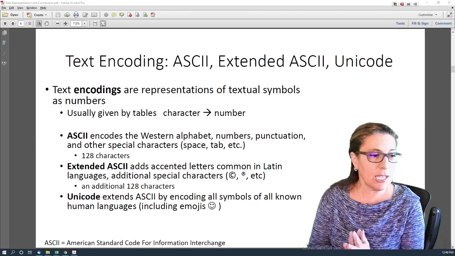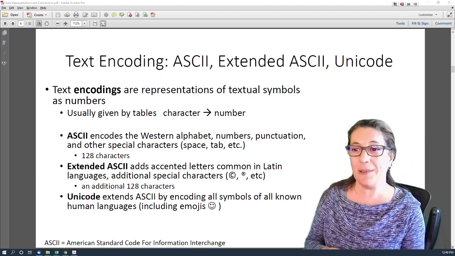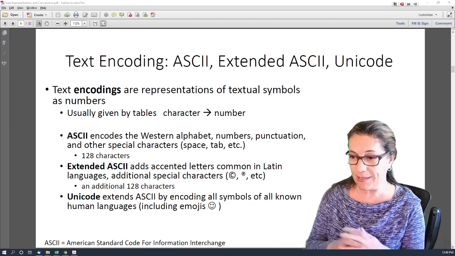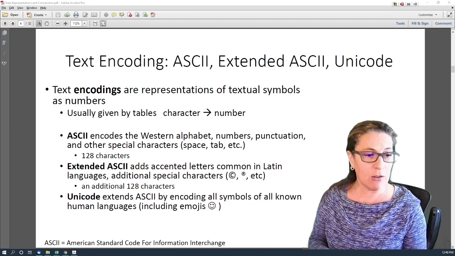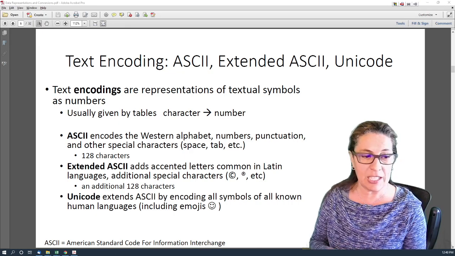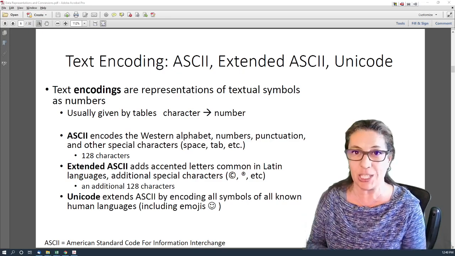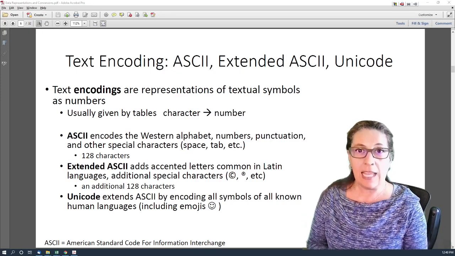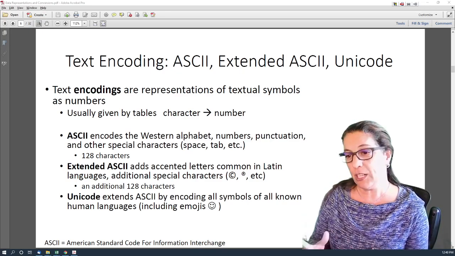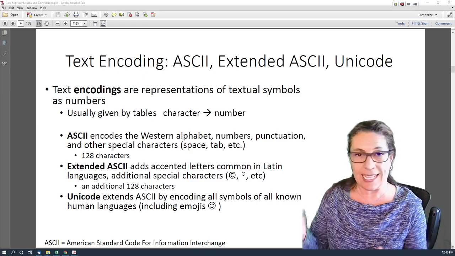So I was talking about text encodings and ASCII. The first approach was regular ASCII, which encodes the Western alphabet, numbers, punctuation, and other special characters, basically 128 characters. That was the first batch that was encoded in ASCII. And then pretty soon, it was clear that at least some European languages have accented characters.